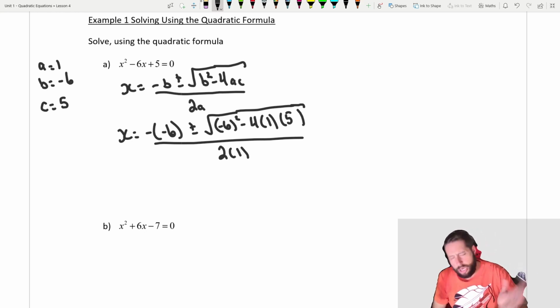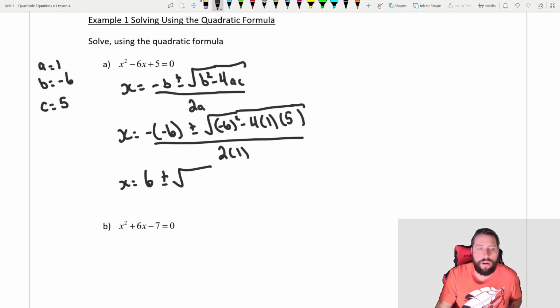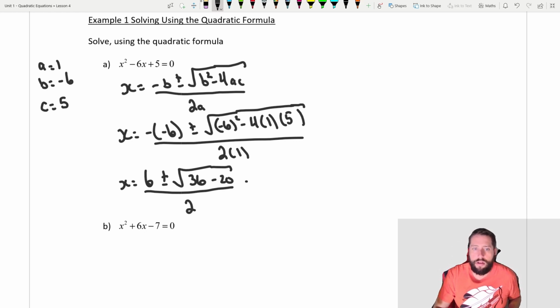Okay, so let's start chipping away at some of these operations. x is equal to 6 plus or minus the square root of negative 6 squared, which is 36, minus 4 times 1 times 5. Well, 4 times 5 is 20. This is all over 2. Ran out of room, so I'm going to come up here.